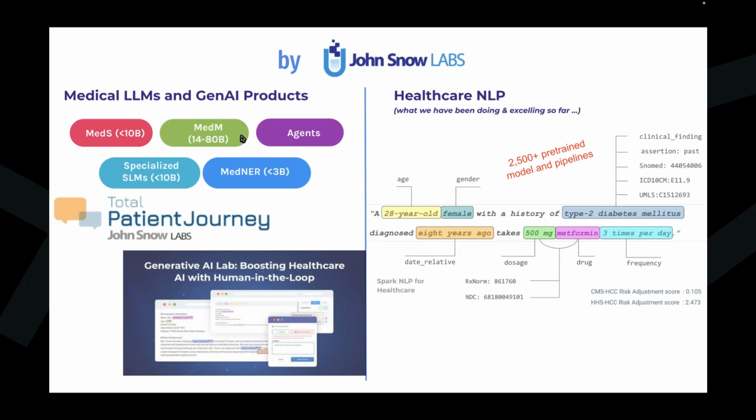So we have different size models, as I said, like a 14 billion to 18 billion size model. We call it MEDM, like medium-sized medical LLMs. They have different licenses, but we have small language models that you can use as if it's a NER model, with the same Healthcare NLP library, by the way. You can even extract entities with some LLMs if you would like to test.